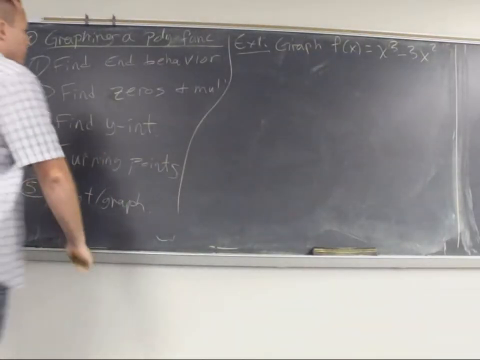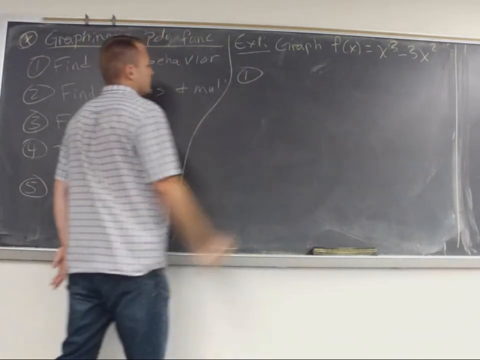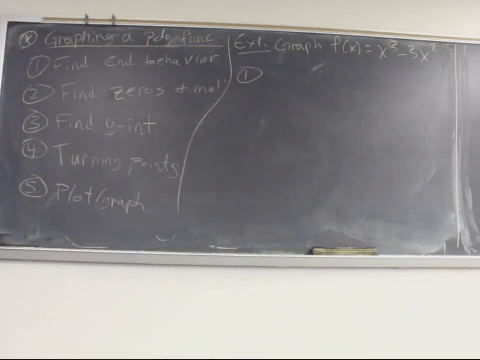All right, so step 1, we need to determine end behavior. How do we determine end behavior? And again, pause the video and try to work through all these yourself. That would be great. And then come back and try to follow me, or just pause it incrementally as you get stuck. Oh, and unpause it if you need help.